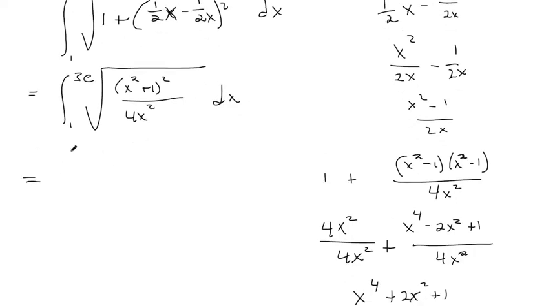So now we can square root the top and the bottom separately. The square root of the top is just going to be x squared plus 1. That's guaranteed to be positive. And the square root of the bottom is going to be 2, and then technically we should have absolute value of x here. That's going to be hard to integrate, but we're only using positive values, so we're all set there. x has to be positive because the square root of a squared value is always positive, right?